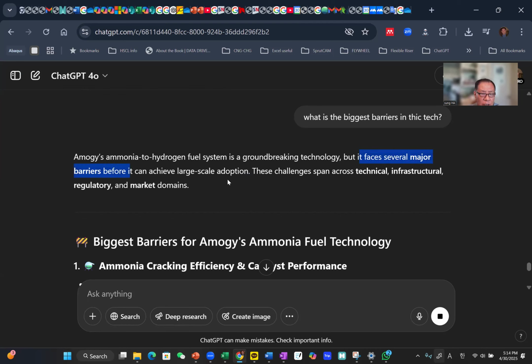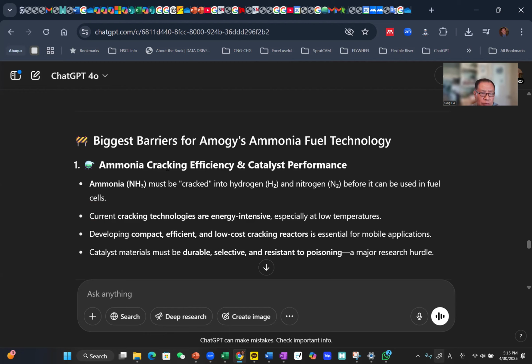Cracking means that once ammonia is in, ammonia has to be cracked down, meaning we have to break it into nitrogen and hydrogen. There we have to put energy in. So there is a concern about the efficiency and the safety concern with ammonia.